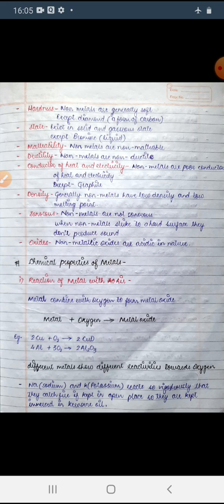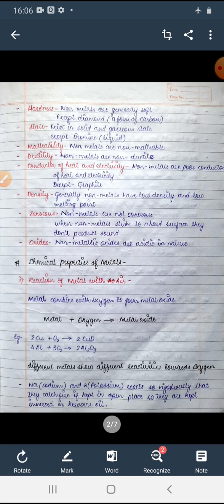We have seen that metals are good conductors of electricity, but non-metals are poor conductors of heat and electricity, except graphite. Again, graphite is a form of carbon, which is a non-metal. Means graphite is a non-metal which is a good conductor of heat and electricity too.